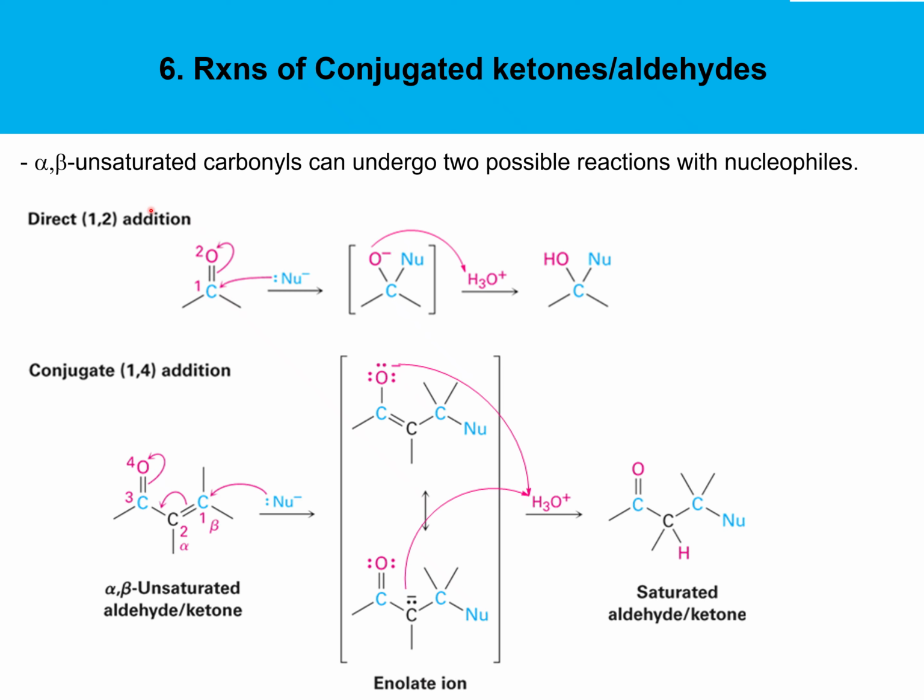Alpha-beta unsaturated carbonyls are an important reactant in many reactions. These are interesting compounds since they can undergo two types of additions with nucleophiles. For example, nucleophiles can add to alpha-beta unsaturated carbonyls by attacking the carbon of the carbonyl, producing this tetrahedral intermediate, which is then protonated to become a product that you see here.